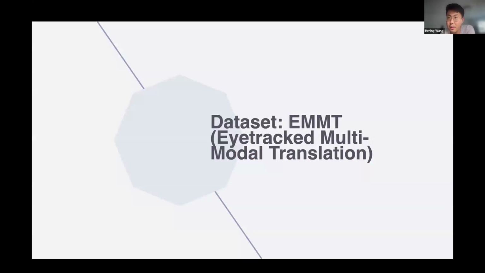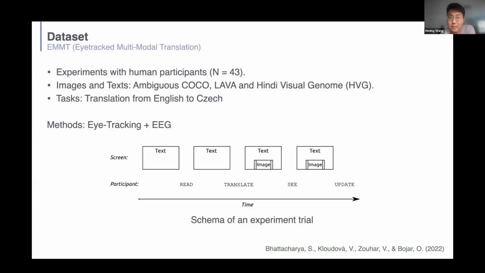So one important aspect of our current analysis is our data set. The data set is called EMMT, eye-tracked multimodal translation. This is an open source data set which you could find online. This is rather like a psycholinguistics experiment than the AI experiment with machines. This experiment comprised 43 human participants.